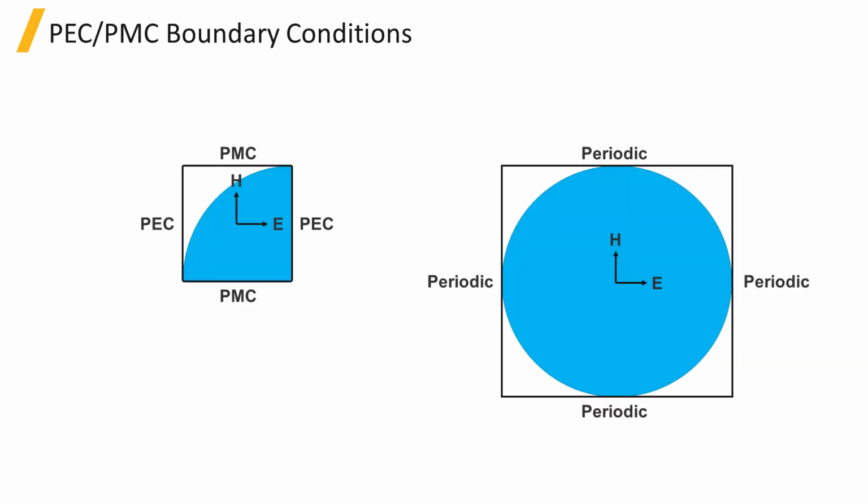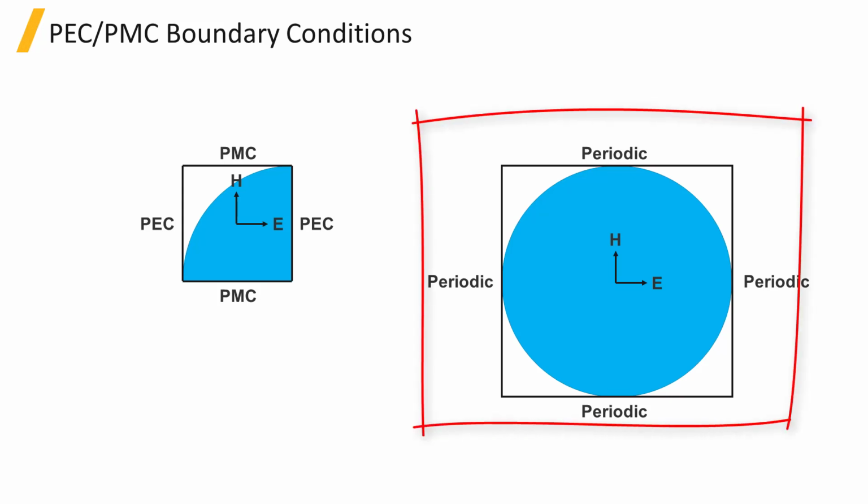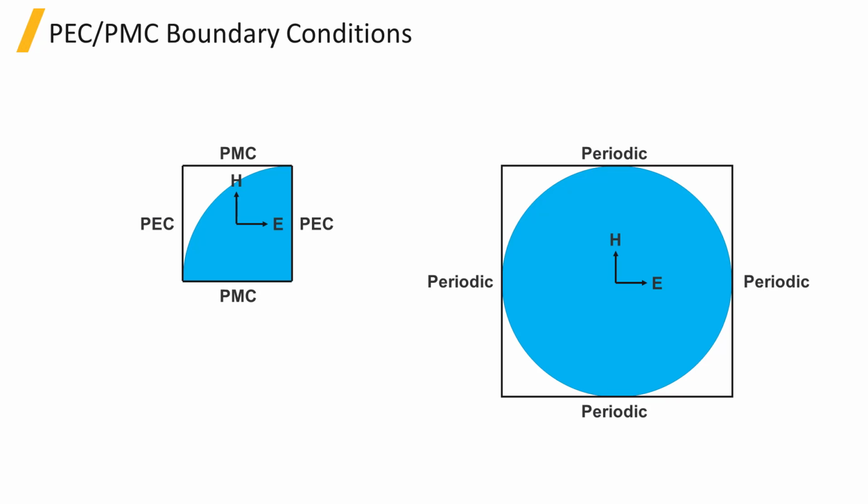In our metamaterial example, rather than using periodic boundary conditions to simulate a single gold disk as shown on the right, we can reduce the required simulation time even further by taking advantage of the symmetry of the structure. In this case, only a quarter of a disk needs to be directly simulated due to the planes of symmetry along the X and Y axis. To take advantage of symmetry in your simulation, it is important to ensure that both the structure and the fields are symmetric.